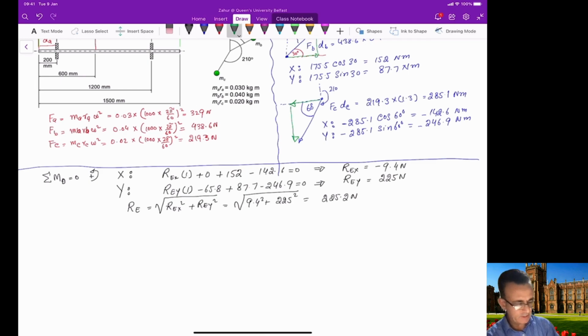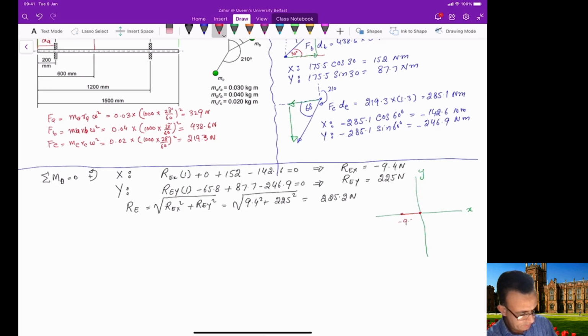Now you can draw this vector. For example, if you draw the coordinate system here, this is our x, this is our y. As you can see, R E x is negative, so the direction of R E x is in this direction here, minus 9.4, and the direction of R E y is positive, and it is 225.